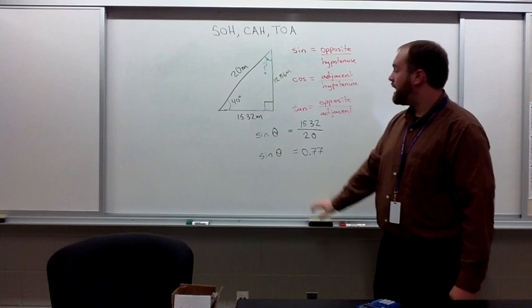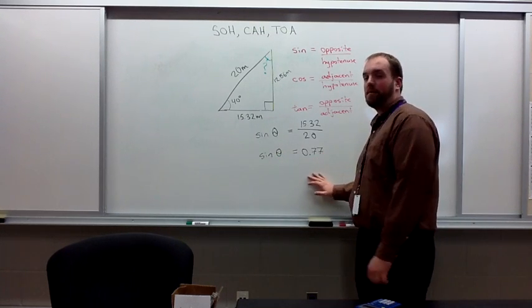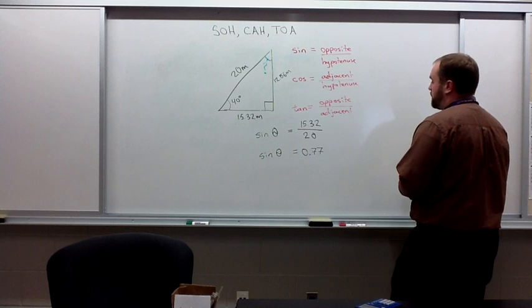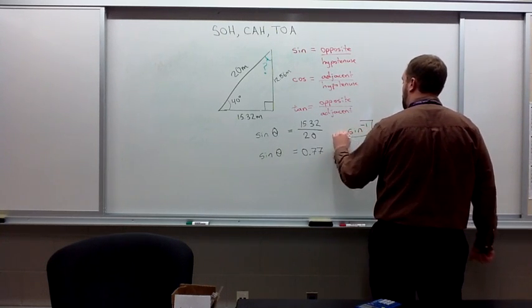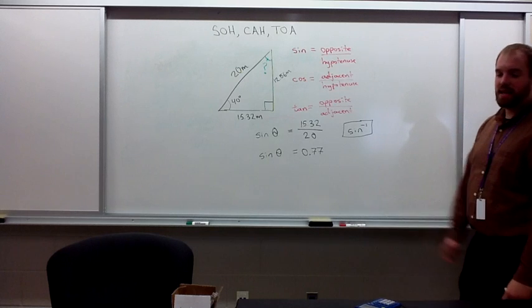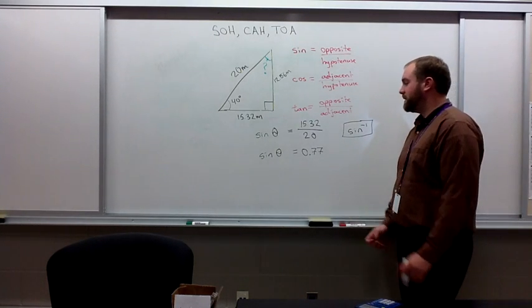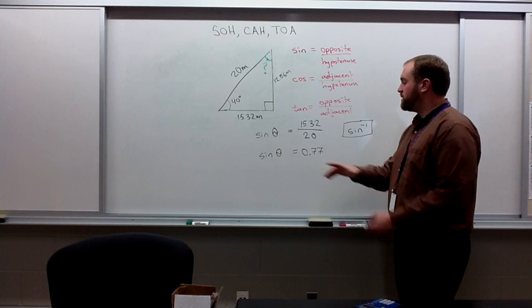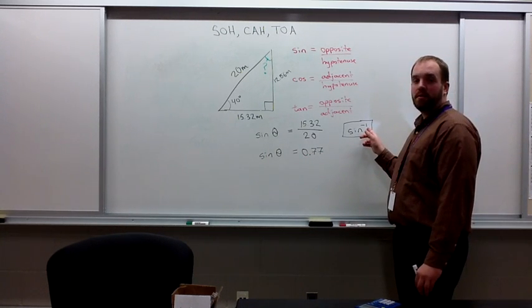Now if I want to get theta, I need to do the inverse sine operation. On your calculator, that would be a button that looks like sine to the -1. Or it might be a function that looks like sine to the -1. So what you do is you type in 0.77, and then you hit that button.